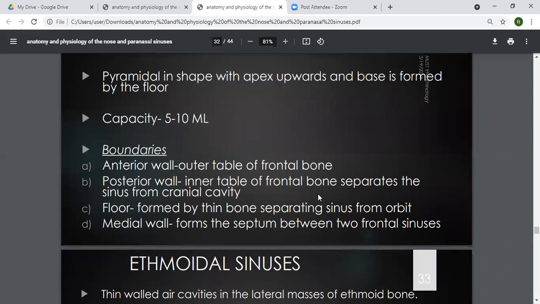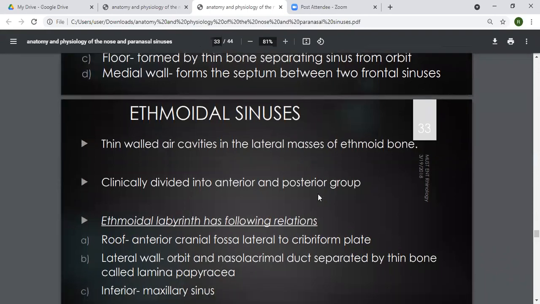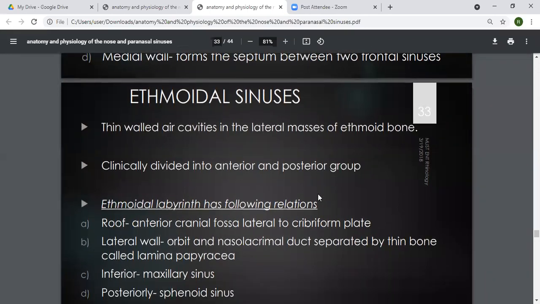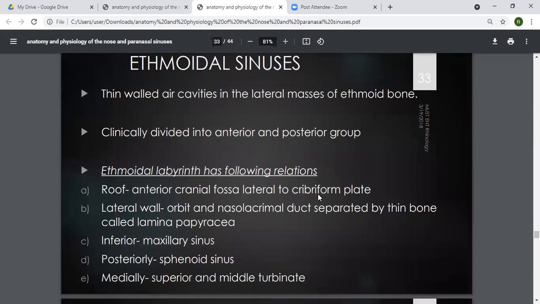For the ethmoidal sinuses, these are thin-walled cavities in the ethmoid bone. Clinically, we divide them into anterior and posterior group. And then the relations: we have the roof by the anterior cranial fossa, which is lateral to the cribriform plate.